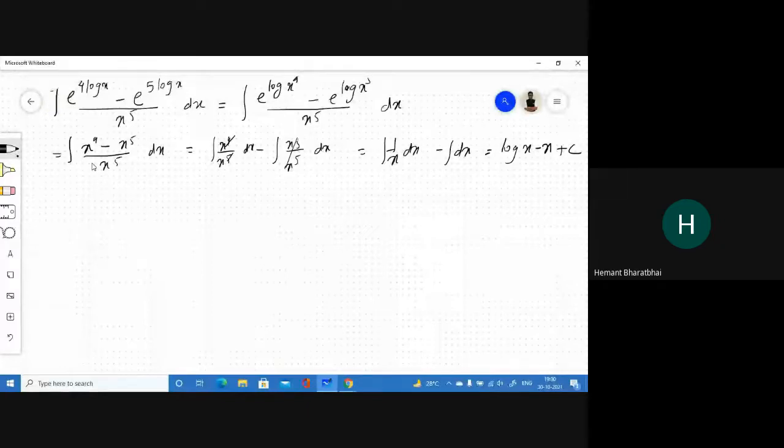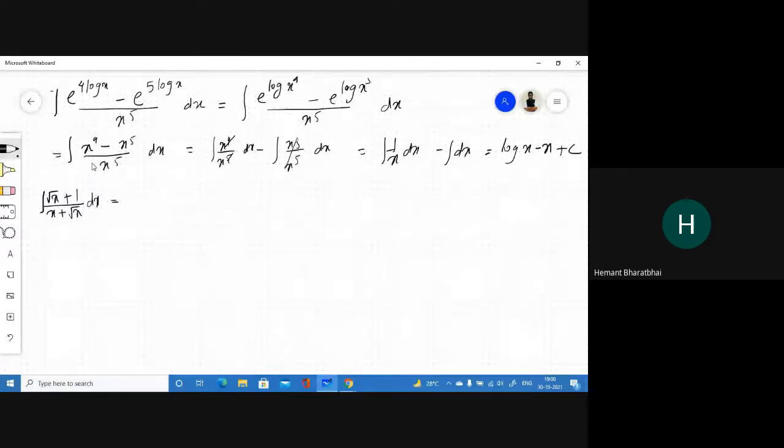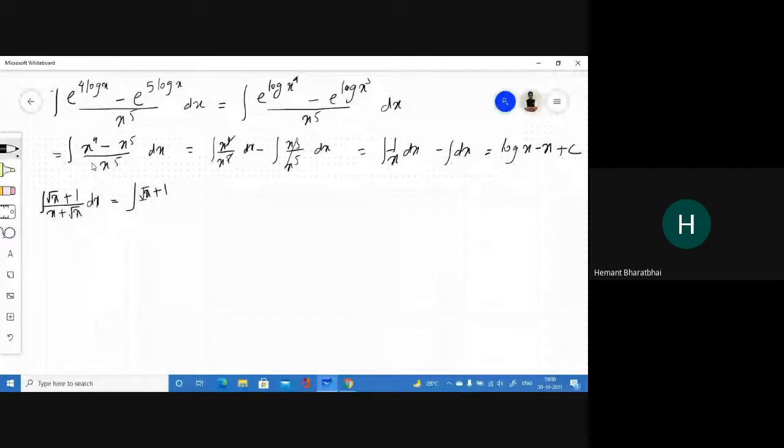I have something like this: integration of root x plus 1 upon x plus root x dx. So let's see. I can write x as root x into root x.